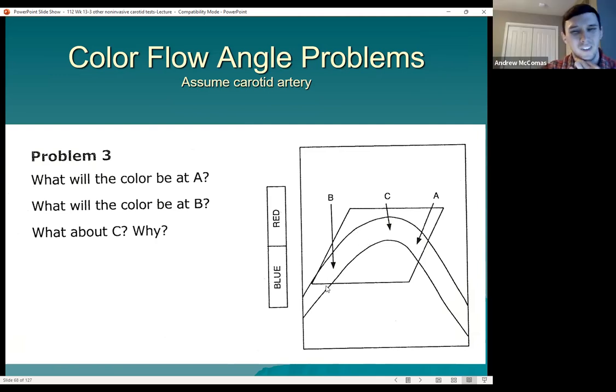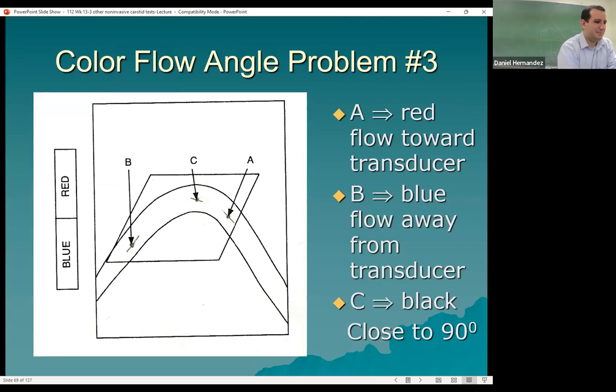Blood flow's coming up this way and going away. A would be red. B would be blue. C, probably black, no color, because we're kind of close to 90 degrees.